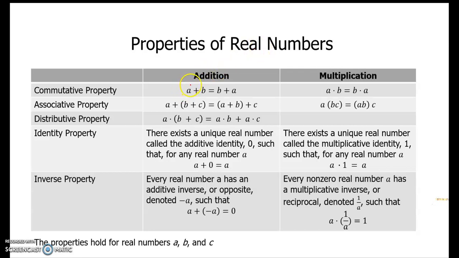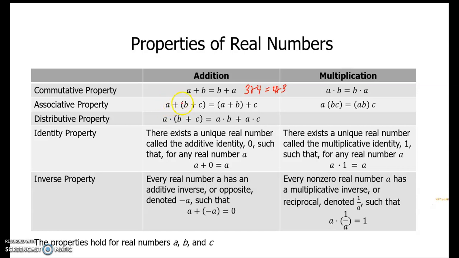Alright, so pag sinabi natin commutative addition, A plus B is equals to B plus A. For an example, 3 plus 4 is equals to 4 plus 3. Dito naman, the same multiplication lang siya. So, associative, kailangan natin dito ng 3 numbers, 3 integers.